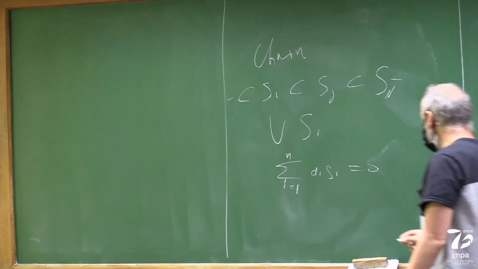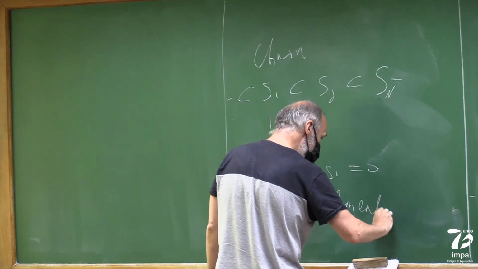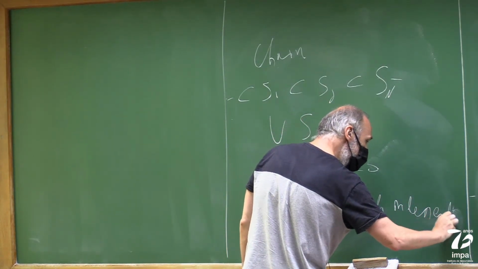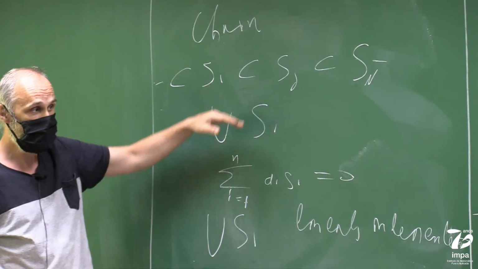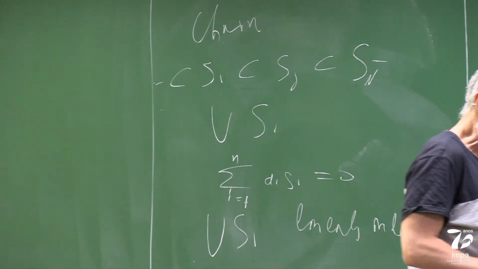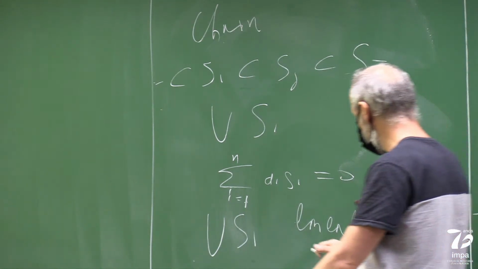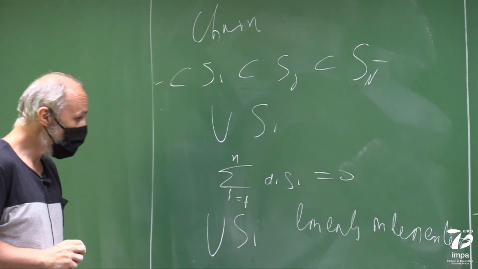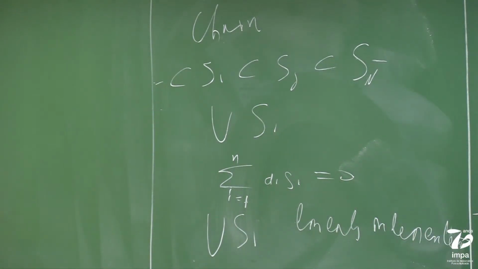This implies that the union of all S_i is also linearly independent. It is bigger than all of them. So you can apply Zorn's lemma, because for each chain you have an element of your partially ordered set which is bigger than or equal to all of them. Then you find a maximal element, and as we just discussed, maximal elements are the same as bases.